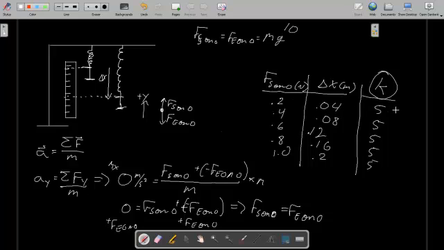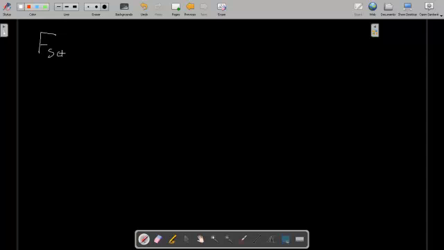So the units for this is actually going to be newtons per meter. And so k is what is known as a spring constant. So let's just reiterate what we have here. The force of the spring on the object is equal to k, the spring constant, times delta x, the displacement.